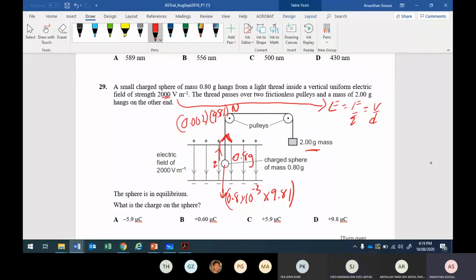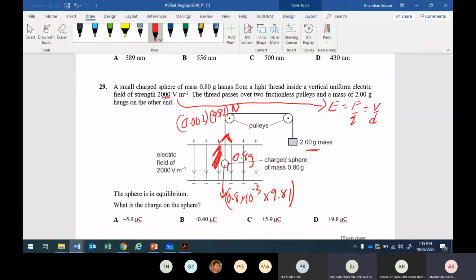Now tell me, the sphere charge must exert force down or up? Without the charge, is force up greater or force down greater? Force up is greater, you know. That means the electrostatic force must act down or up? Down.